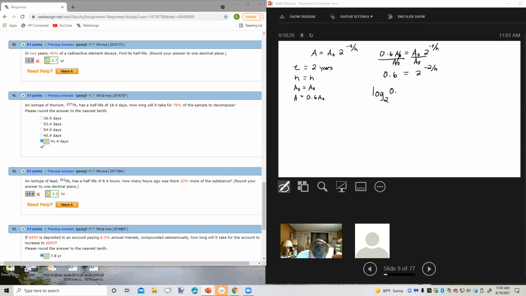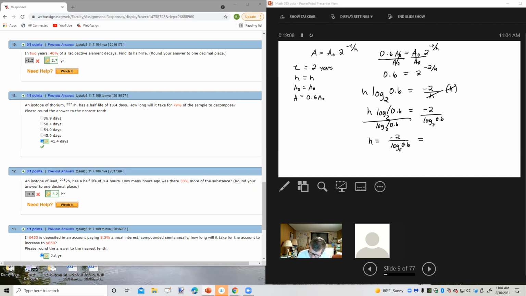So log base 2 of 0.6 equals negative 2 divided by H. Now, we're trying to solve for H, and H is in the denominator. So things get a little trickier here. We're going to multiply both sides by H. So then H log base 2 of 0.6 equals negative 2. Okay. But we're trying to isolate H. So now we're going to divide both sides by log base 2 of 0.6. So H equals negative 2 over log base 2 of 0.6.